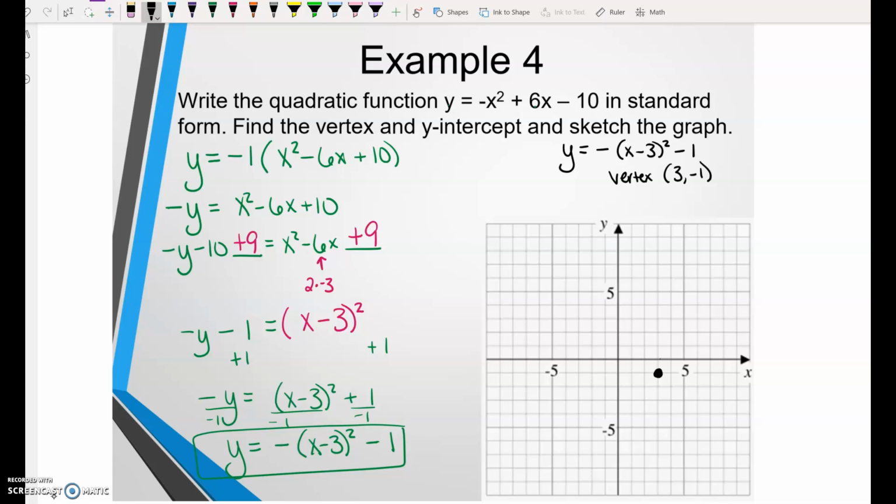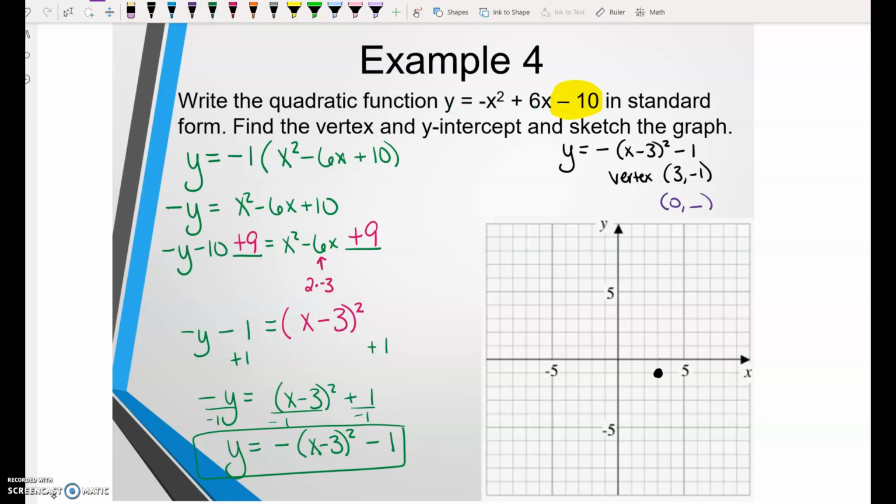The y-intercept, and you can actually look back at the previous version to see what the y-intercept is, but typically to find the y-intercept, you plug in 0 and you see what you get. So 0 minus 3 is negative 3. Negative 3 squared is 9. So we'd have negative 9 minus 1, because you have to apply that negative.